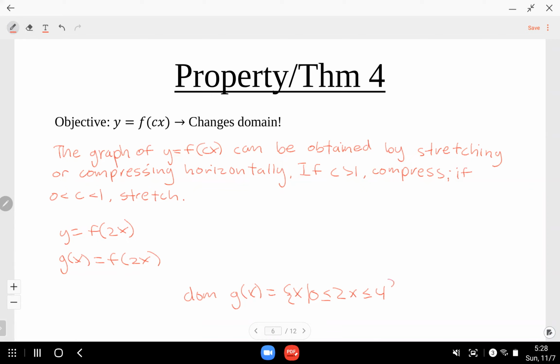You would get a smaller domain, equal to 0 to 2. However, if this was 1/2 of x, then you would get a bigger domain, 0 to 8, right? So that's how it works, because you have to change the domain every time.